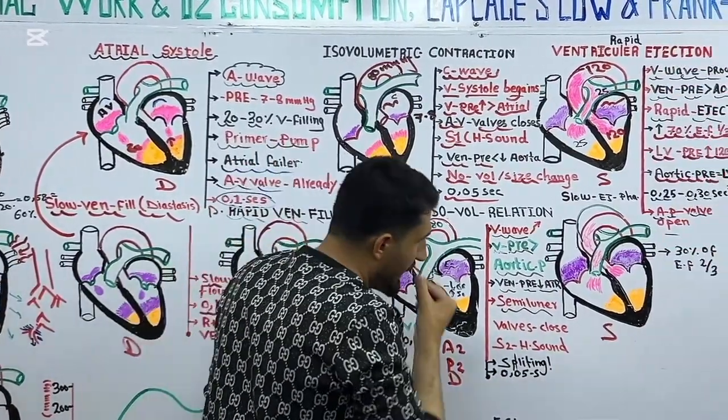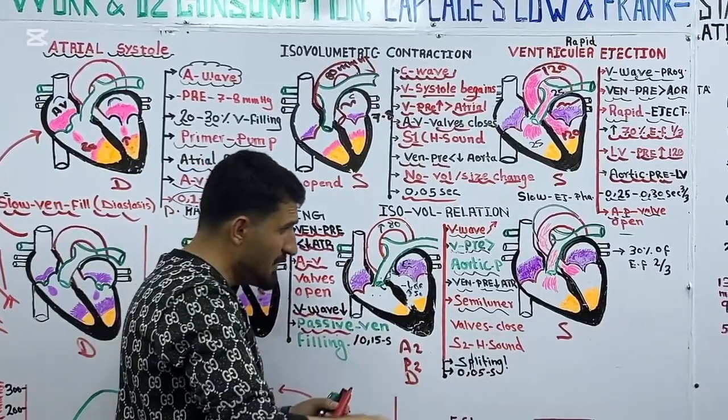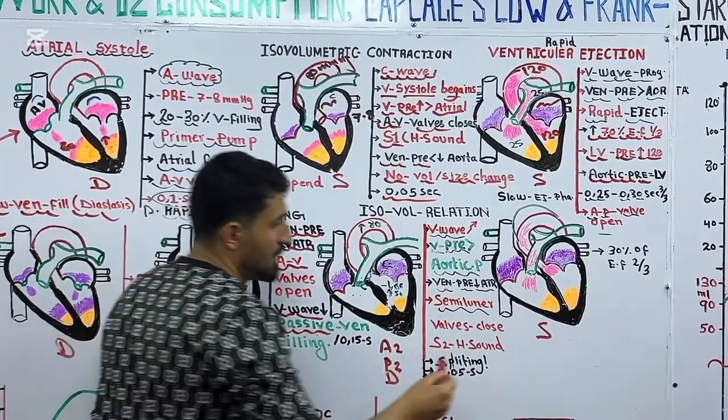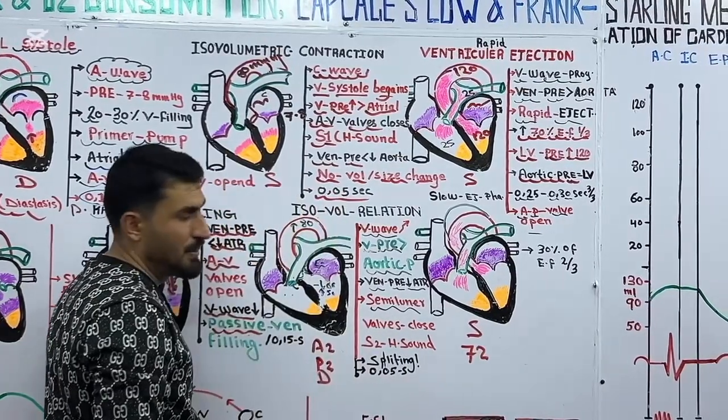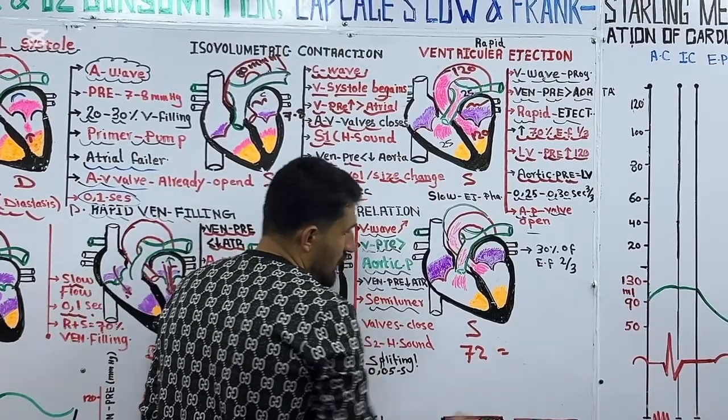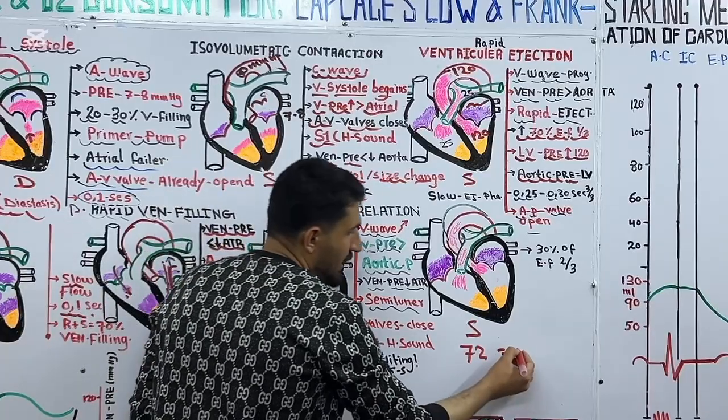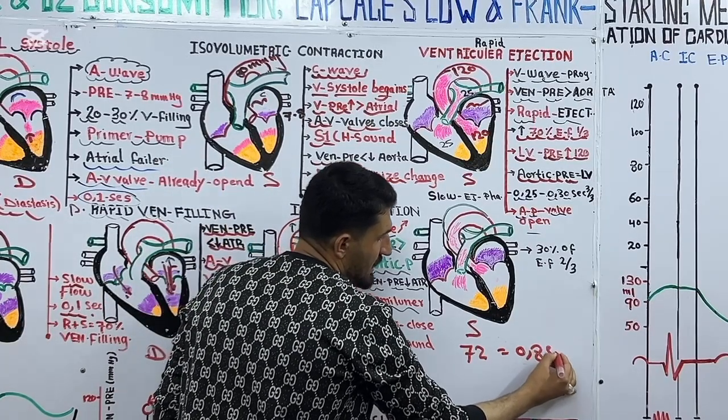For example, cardiac cycle time is inversely proportional to heart rate. If my heart rate is around 72 beats per minute, my cardiac cycle time will be around 0.8 second.